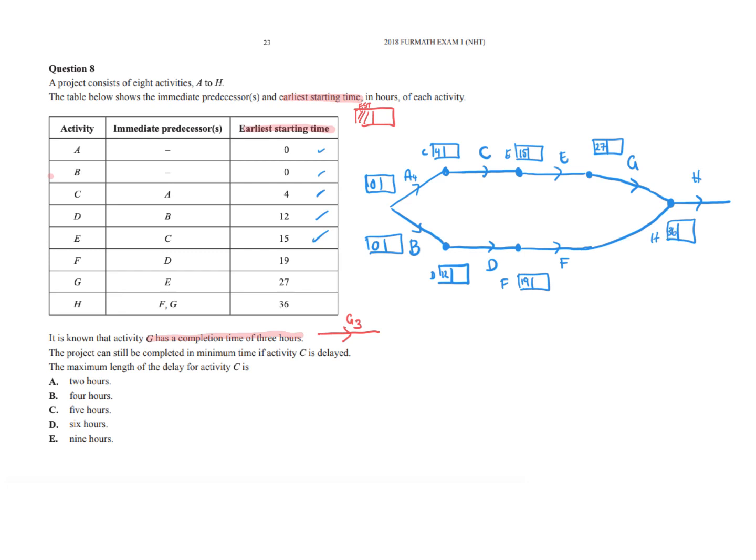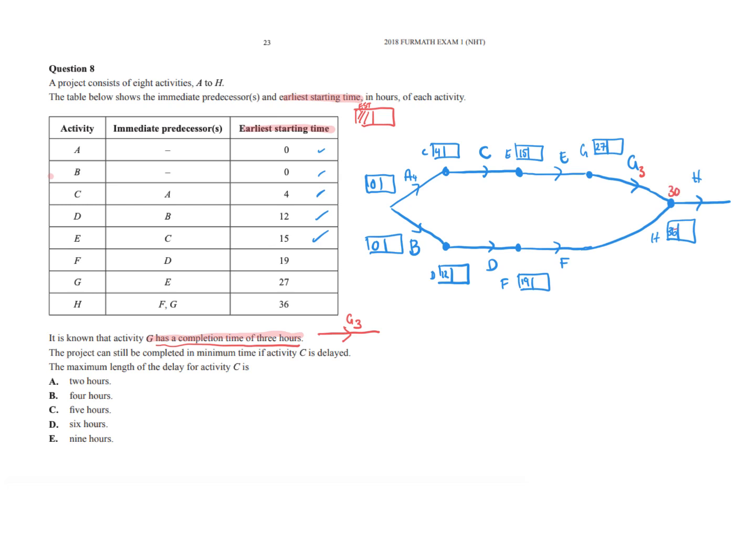Okay, so what else did they tell us? They did tell us that activity G has a completion time of 3 hours. So I know that's 3. So if I look, the earliest starting time for G, which they did tell us, was 27. If I do 27 plus 3, that means if I went that way, it would be 30.